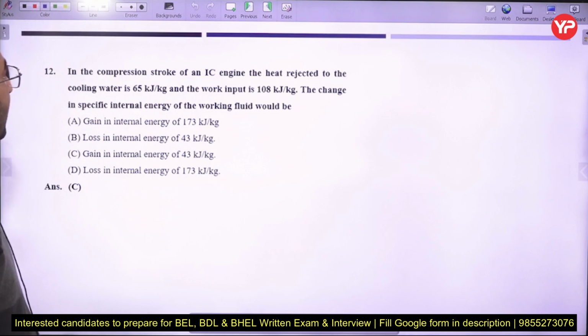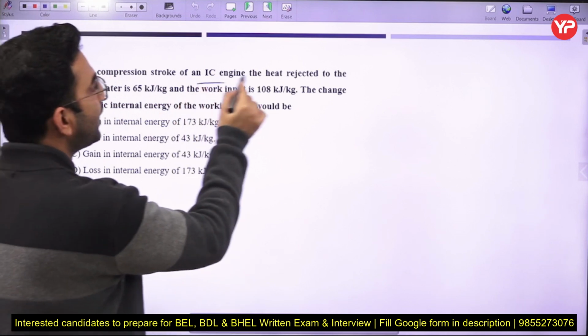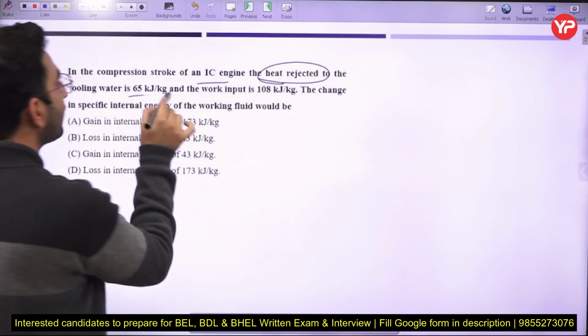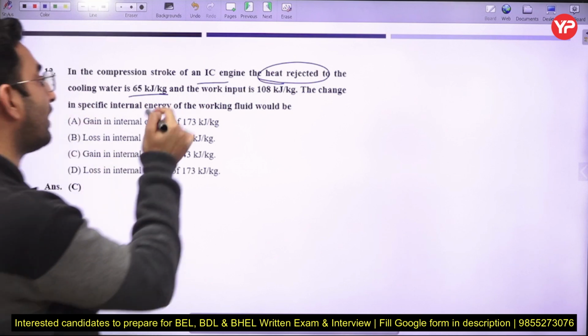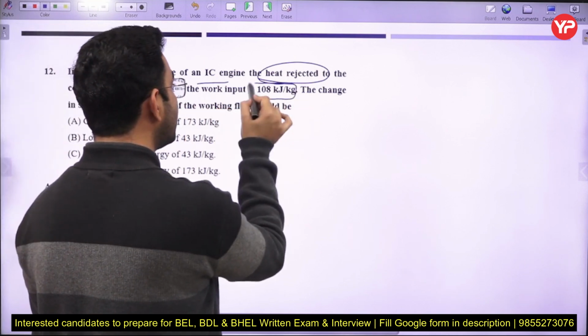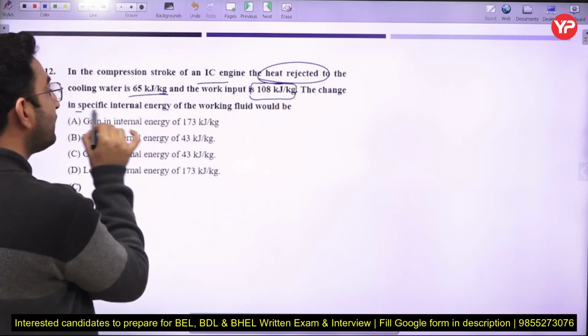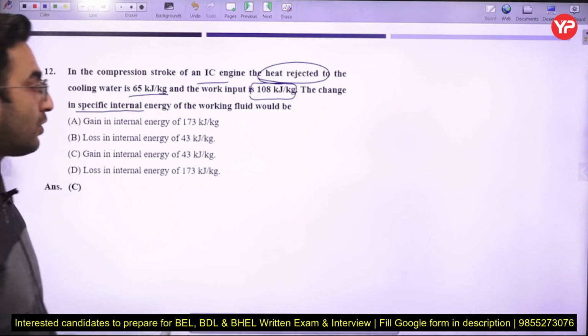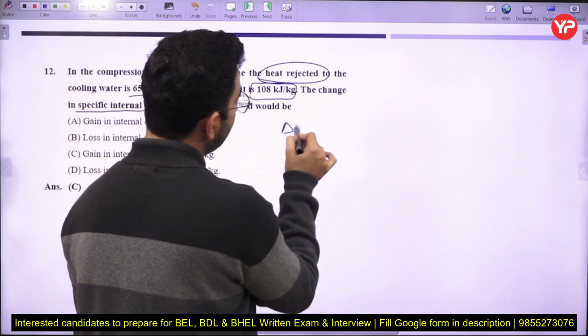Next part, in the compression stroke of an IC engine, the heat rejected to the cooling water is around 65 kilojoule. Along with that we have a work input of 108 kilojoule per kg, and the change in specific internal energy we have to find out. So here you can directly use the first law of thermodynamics.